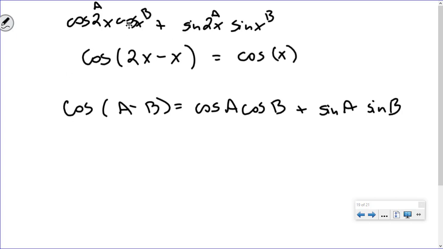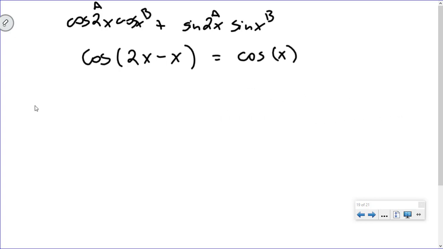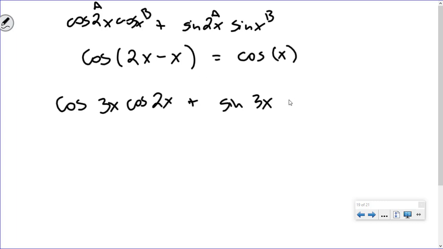Okay? Now, I could do it by expanding if you guys would like, but I just think that's a bit of overkill in terms of the work that needs to get done. Is that okay? And the other thing too is, what if I gave you the same question, but instead it was cos 3x cos 2x plus sine 3x sine 2x, something like that, right?